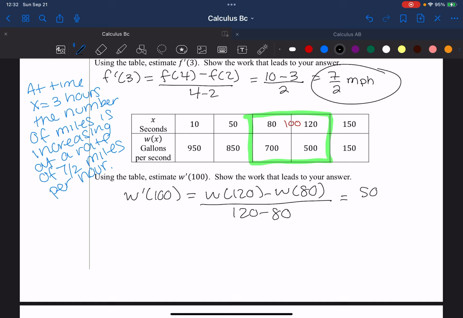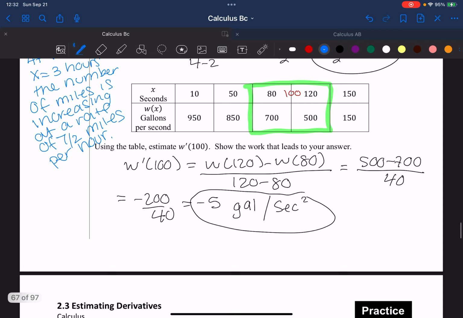I get 500 minus 700 over 40, which is negative 200 over 40, which is negative 5. And then looking at my units, notice it's gallons per second per second. So this is going to be gallons per second squared.